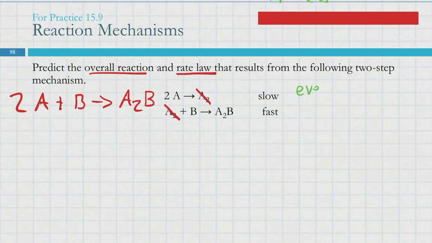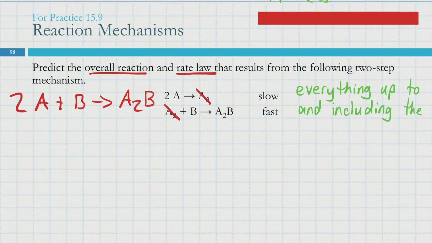We're going to use everything up to and including the slow step, or the rate limiting step. In this case, that's just the rate limiting step.